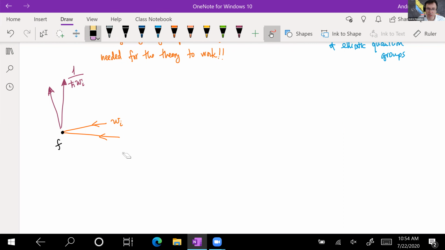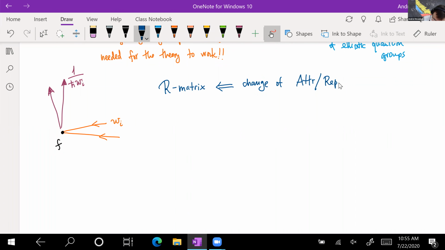What was the origin of the R matrix? It was coming from change of attracting directions. Which directions are attracting? Which directions are repelling? In stable envelopes.